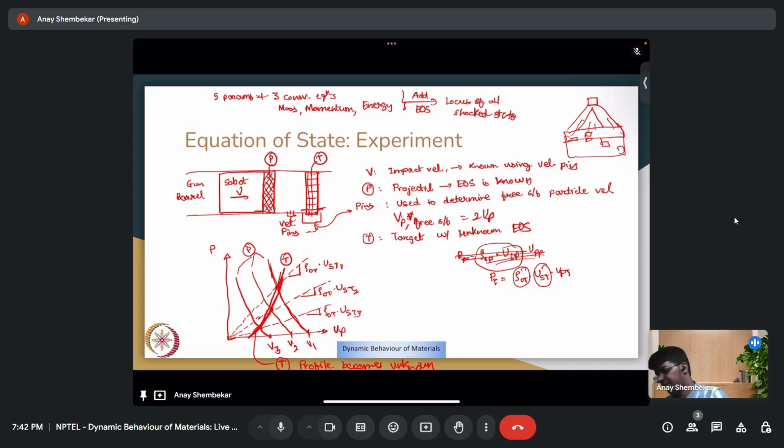I think that rho naught squared US squared is not a plot between pressure and particle velocity. Let me check once. I think that is between pressure and specific volume. Yes, sir. So here we are interested in evaluating pressure and particle velocity.